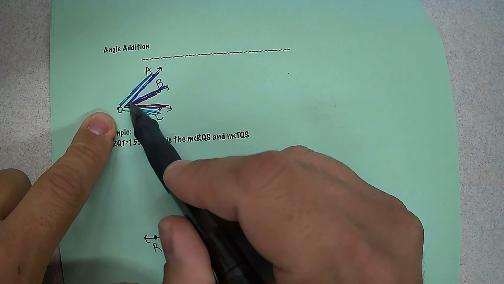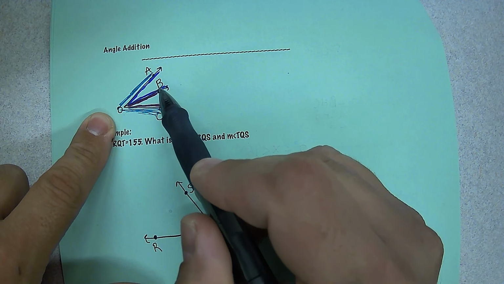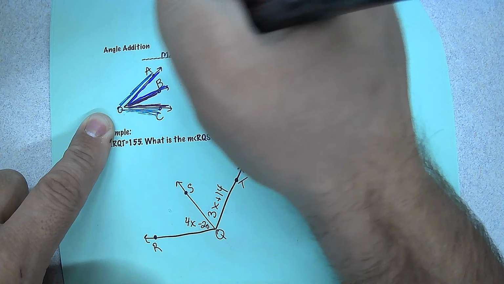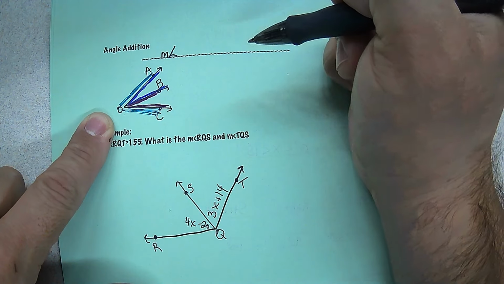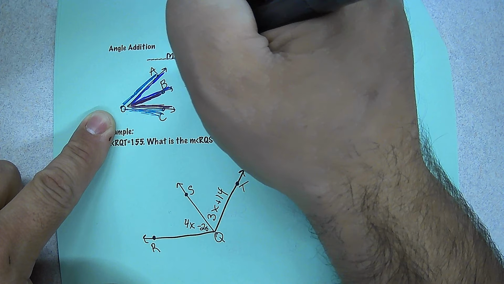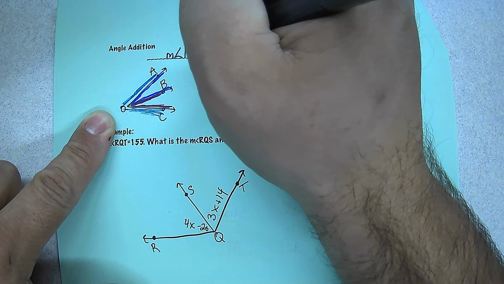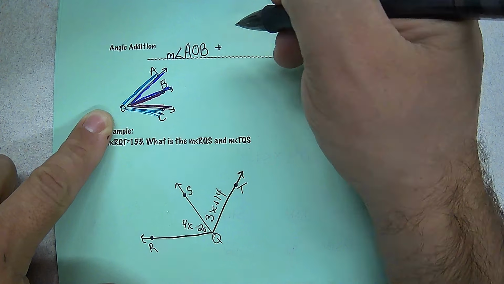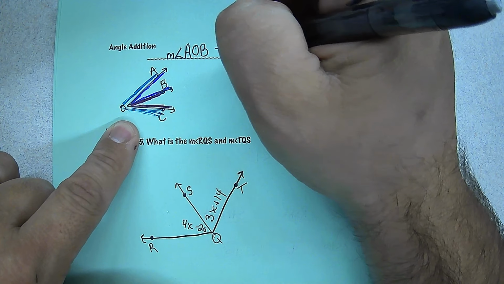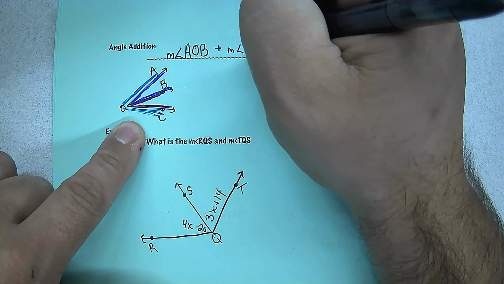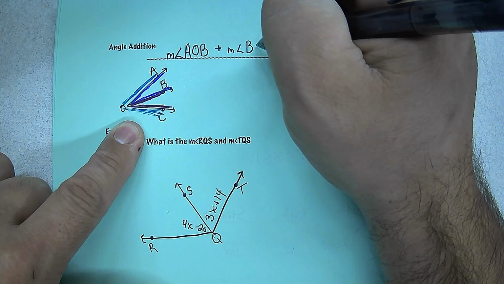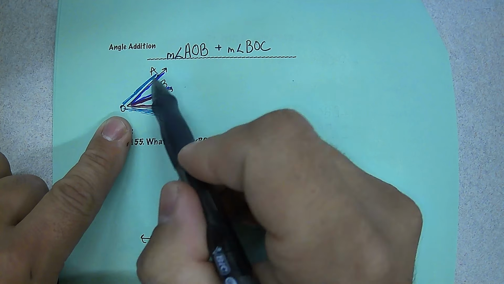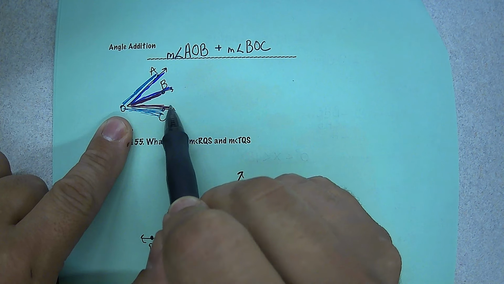If I start with this part, and we put an M in front of our little angle symbol, that tells us the measure of angle AOB, plus the measure of angle BOC.